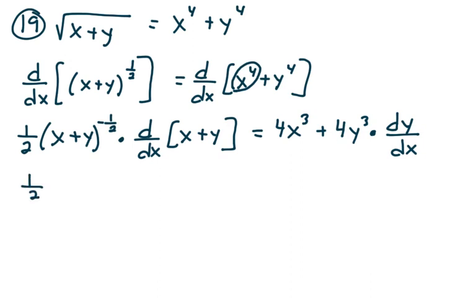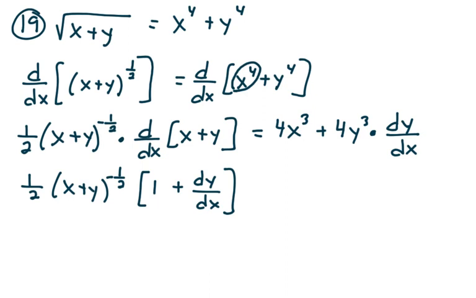Here I get 1/2 (x+y)^(-1/2) times the derivative of x with respect to x, which is 1. The derivative of y with respect to x is just dy/dx. So we get 1/2 (x+y)^(-1/2) times the quantity 1 plus dy/dx, and we're going to set this equal to 4x^3 plus 4y^3 dy/dx.